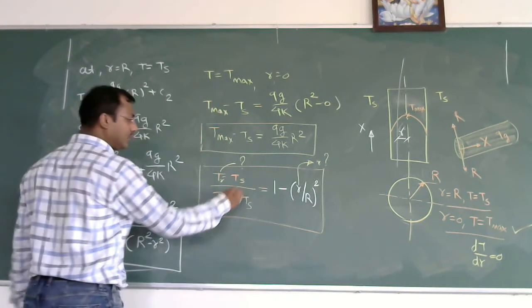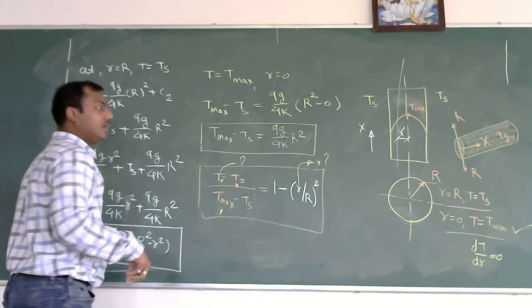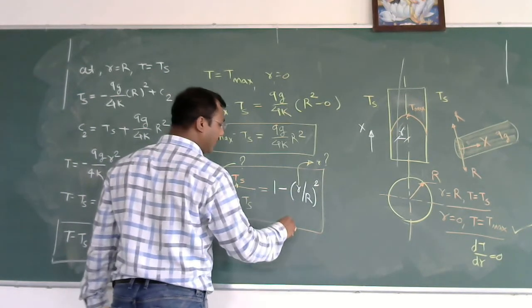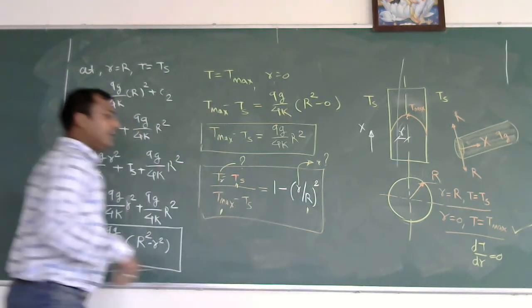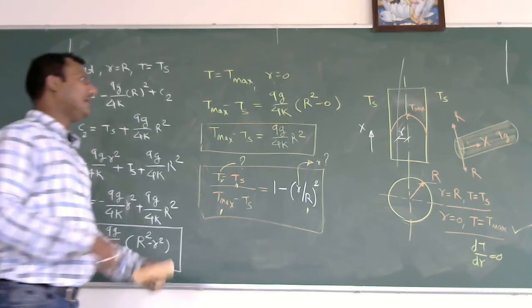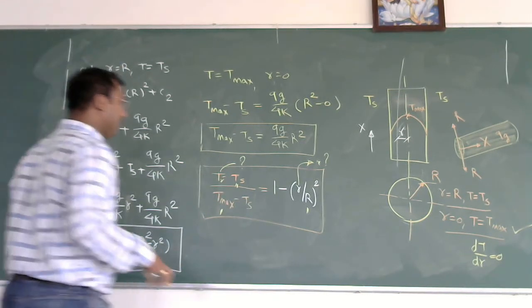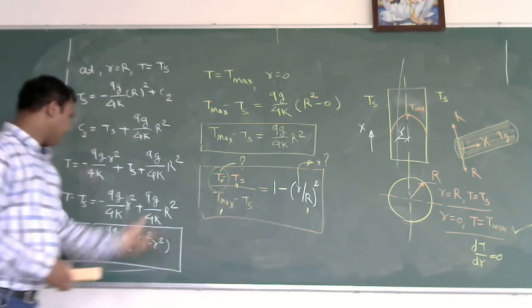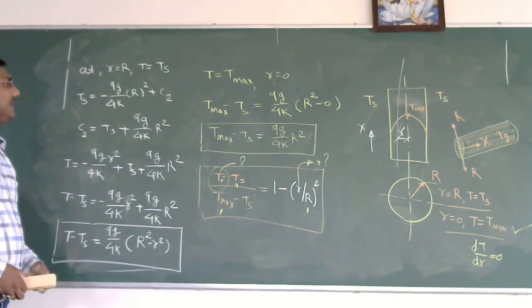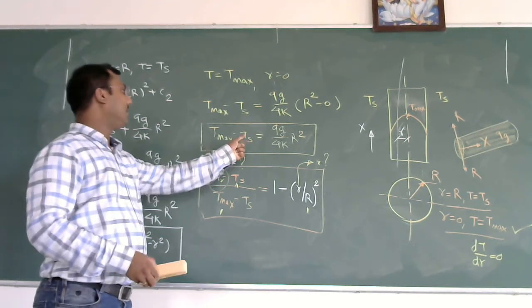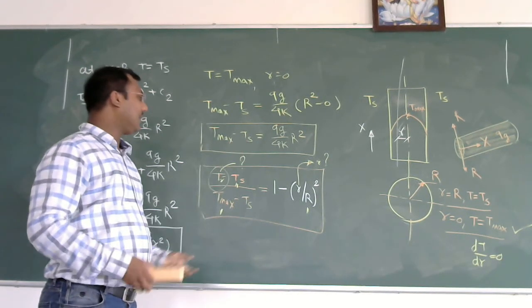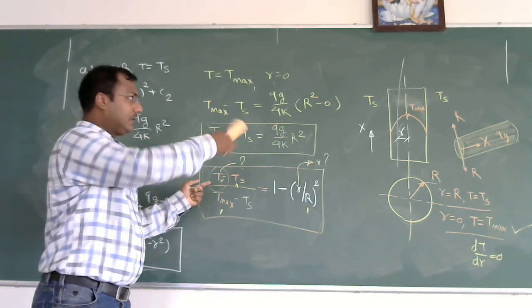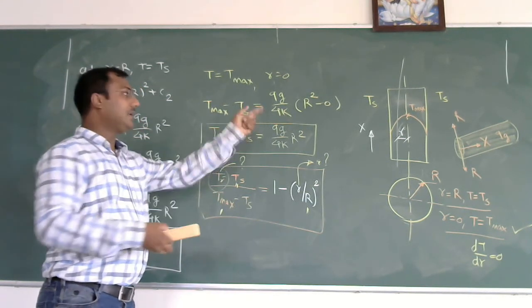So if you know the surface temperature, if you know the maximum temperature, that is at r is equal to 0, and if you know the exact diameter of the solid cylinder, then you can calculate the unknown temperature T. I hope you can calculate T max by this formula with the knowledge of Ts, and you can calculate the temperature of the material anywhere in the given conditions.